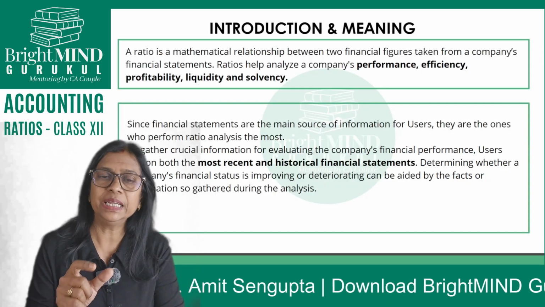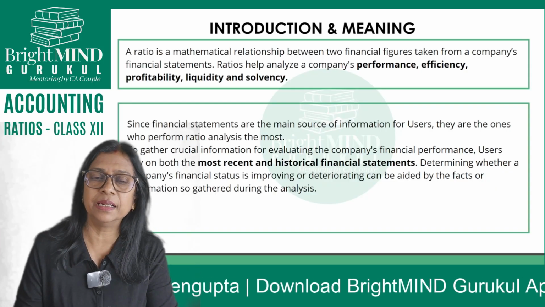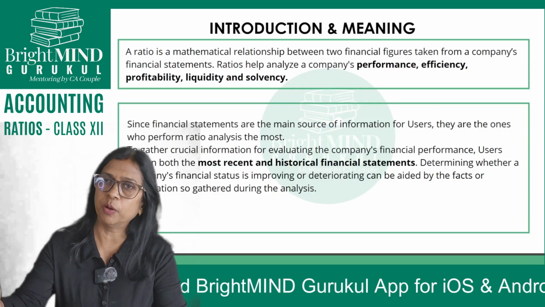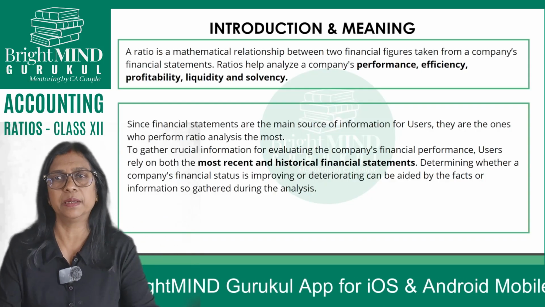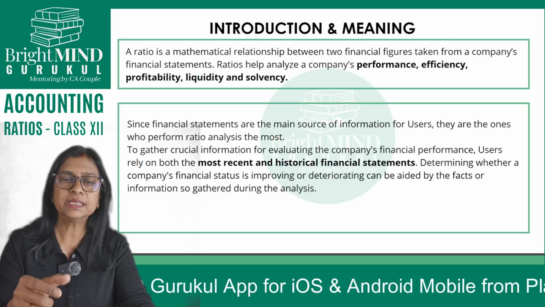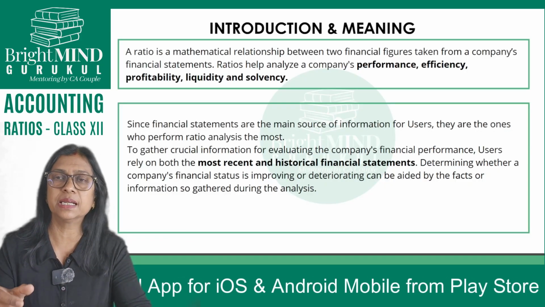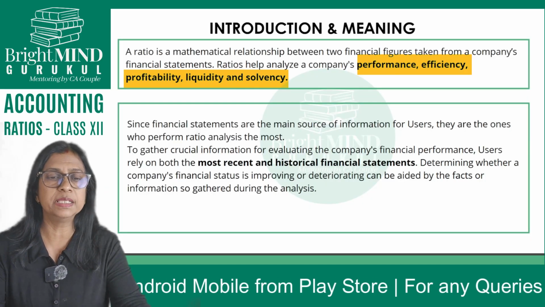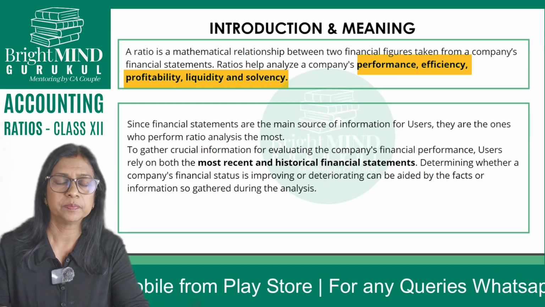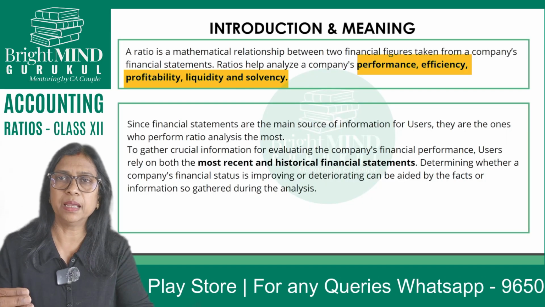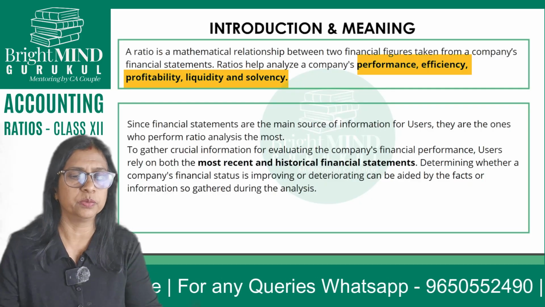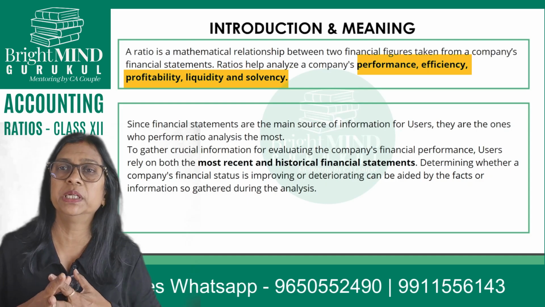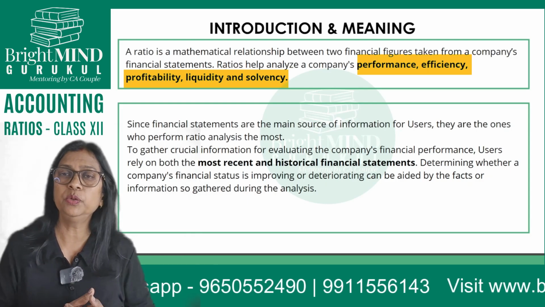So what is ratio? It is a mathematical relationship between two financial figures taken from the company's financial statements. Ratio helps to analyze a company's performance, the liquidity, the solvency, the profitability. All these things can be judged from the ratio. Since financial statements are the main source of information for users, who are the users?